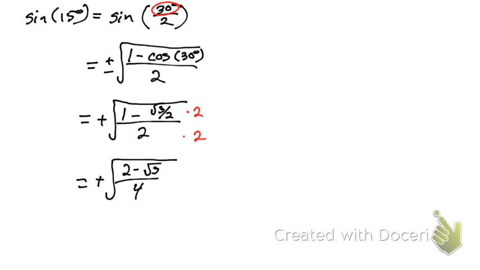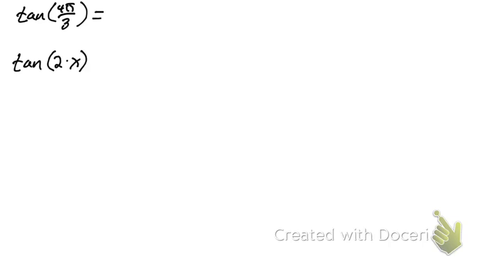7. So we have 4 pi over 3, and we are supposed to use the double angle identity for that one. So we have tangent of 4 pi over 3, but we do need to write it as tangent of 2 times something.